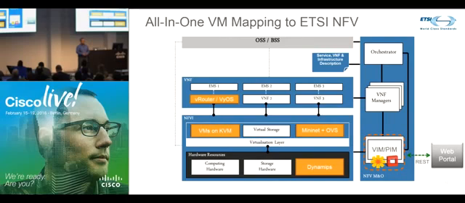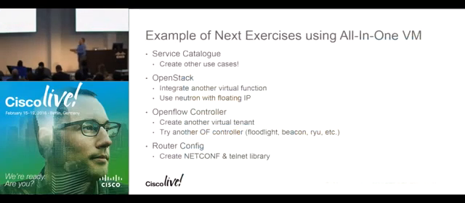the Dynamips, and then you can continue using it to learn something else, like why don't you create other use cases, okay? Why don't you create the use case where you also need to push CLI or XML configuration, or use different type of configuration in OpenStack. Let's use Neutron with floating IP, or change the OpenFlow controller. You don't like OpenDaylight? Okay.